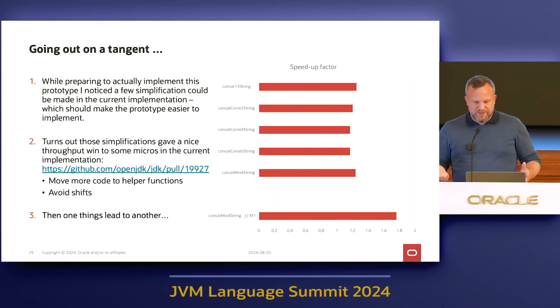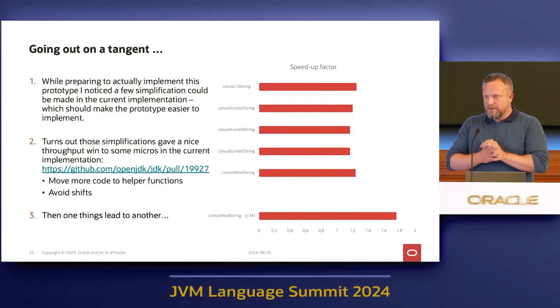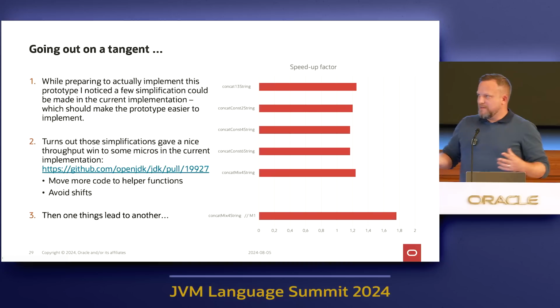And I started working on this at the beginning of the month. Then I had to take a vacation. But before I went on vacation, I realized that in preparing the groundwork for this prototype, I would like to do a couple of cleanups to the existing implementation.